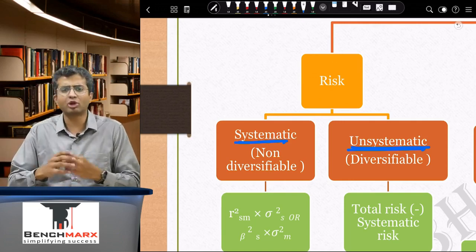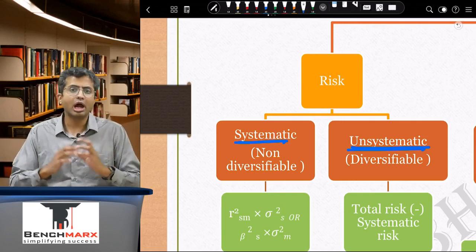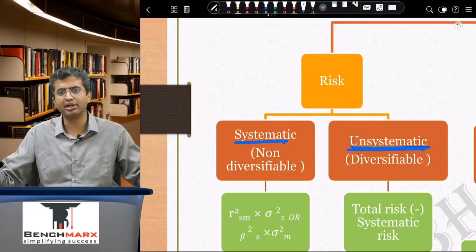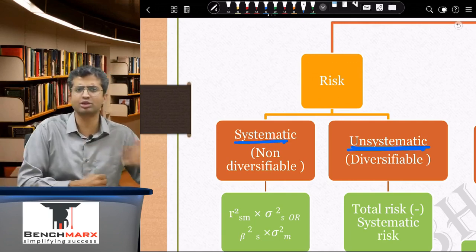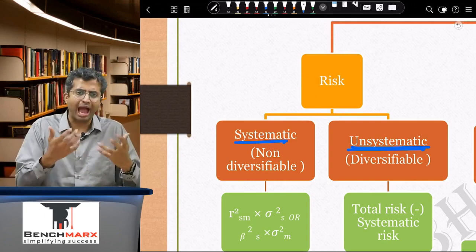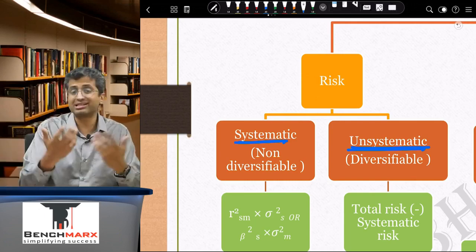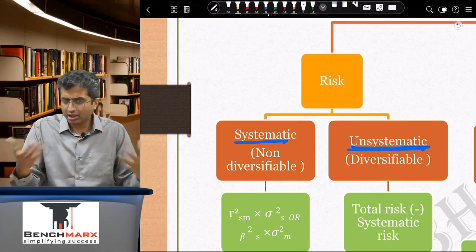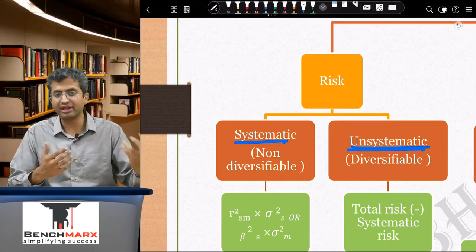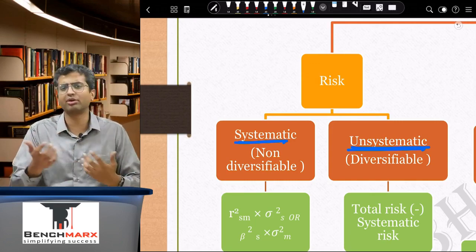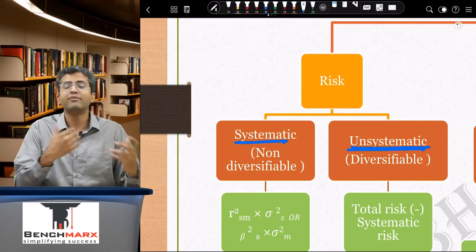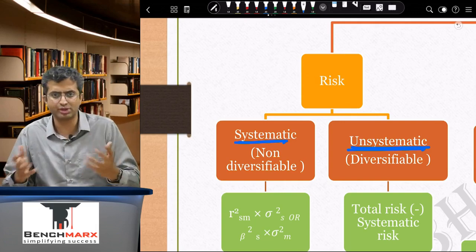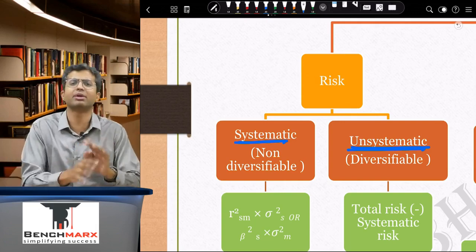An unsystematic factor, on the other hand, is a factor for which if you are well diversified, the risk can be managed. For example, when Steve Jobs died in 2011, Apple share price actually fell. But in the quarter later, if you go to see, in that same time, shares of Google, Microsoft, Samsung, etc. increased because they felt that, well, without Steve Jobs, Apple will lose its innovation edge, which eventually did not happen, but nevertheless.